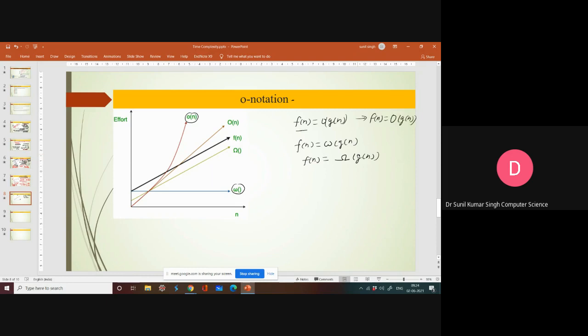That's the reason these two notations are stronger than their uppercase versions, I mean big O and big omega notation. Let me explain how it works, then you will be able to realize that.